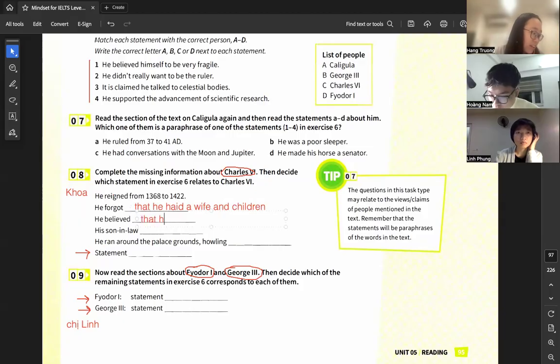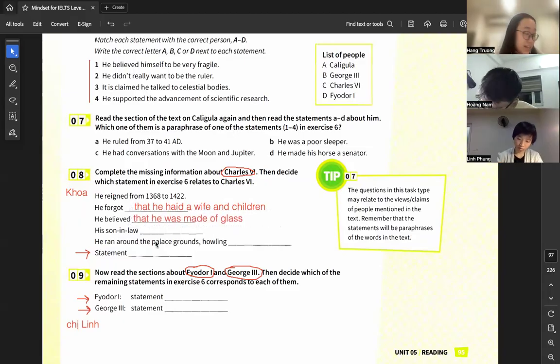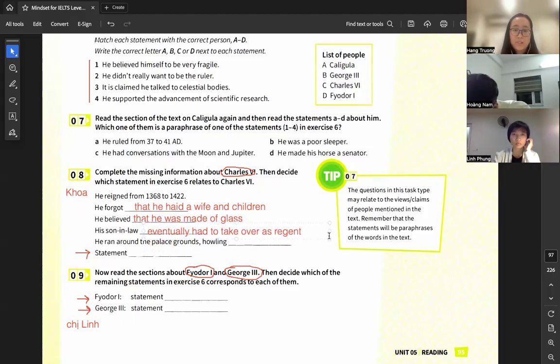He's crazy, right? His son-in-law had to take over as regent in paragraph B. Very good. Ran around the palace grounds howling. Howl là hú như một con sói ấy, đúng không?